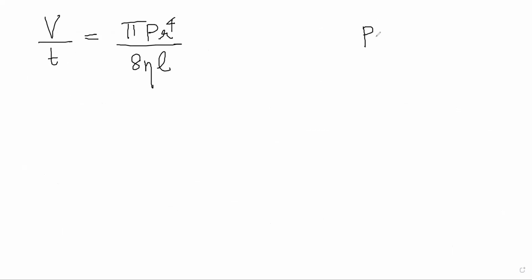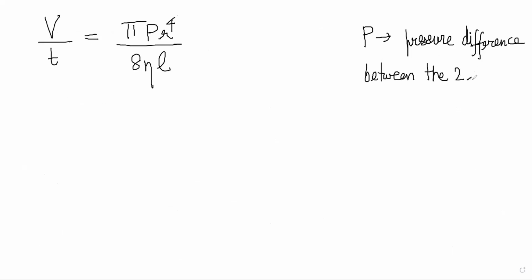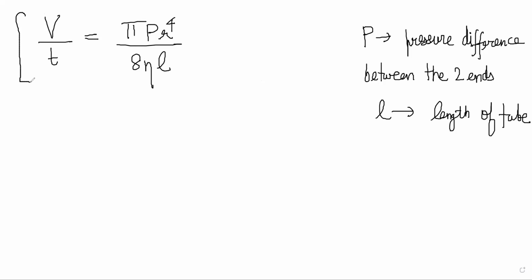And here P is actually not pressure, it is the pressure difference between the two ends, and L is the length of the tube. R is the radius of the tube, obviously, and everything else is explanatory. So this is your Poiseuille's equation for the rate of fluid flow.